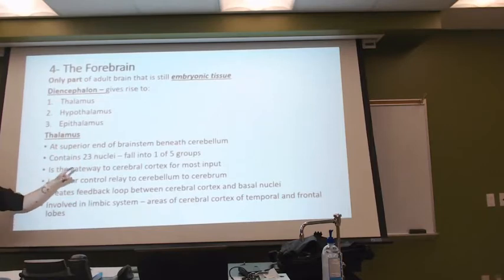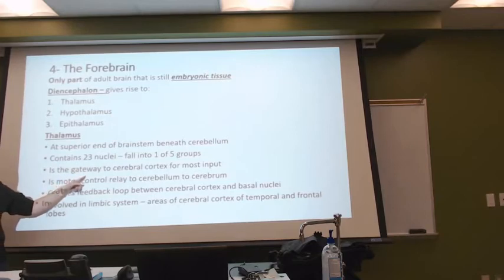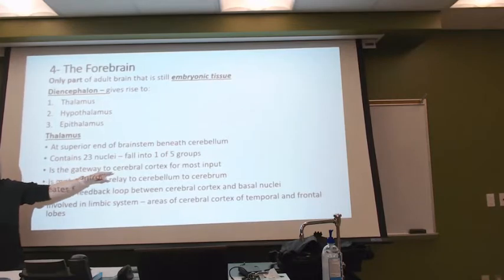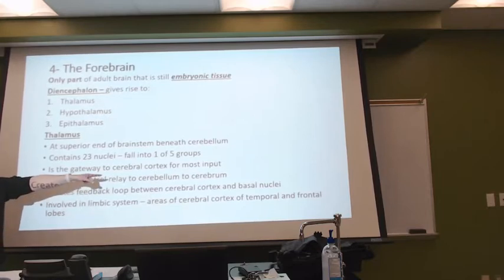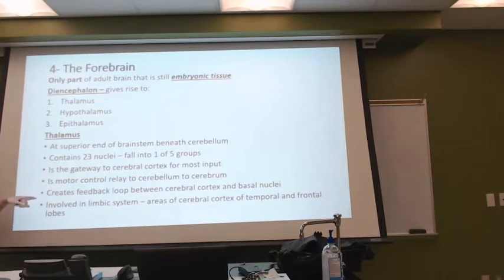It's termed the gateway because the signals have to be directed to the area of the brain that they need to go. We know that it is part of motor control to the cerebellum and cerebrum for skeletal muscles. We know that it has a feedback loop between the cerebral cortex and basal nuclei for motor control.